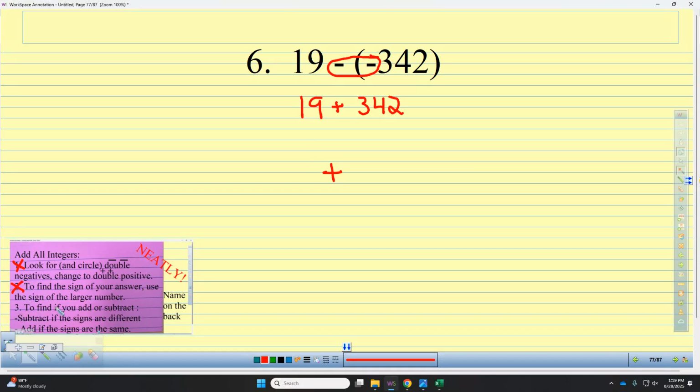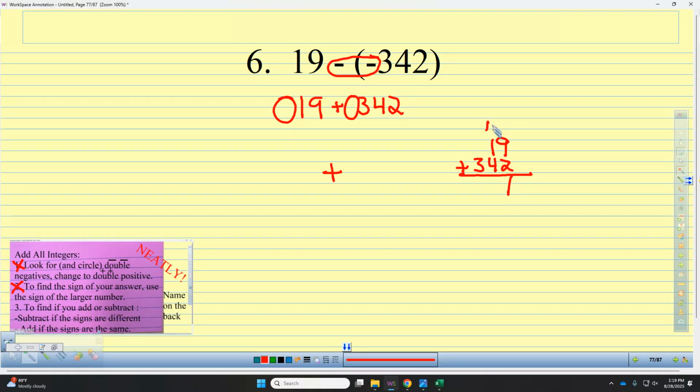Step 3, to find if you add or subtract: subtract if the signs are different, add if the signs are the same. We basically have positives right here. So that means we've got 19 plus 342. Again, I want you writing this out. 9 plus 2 is 11.